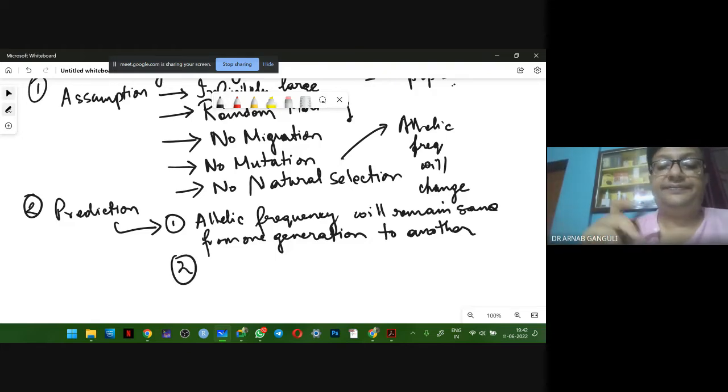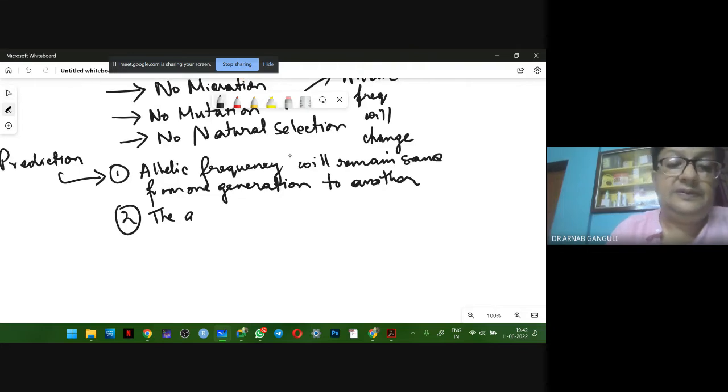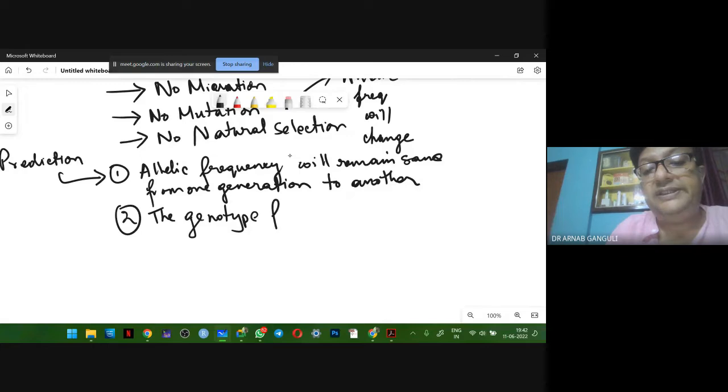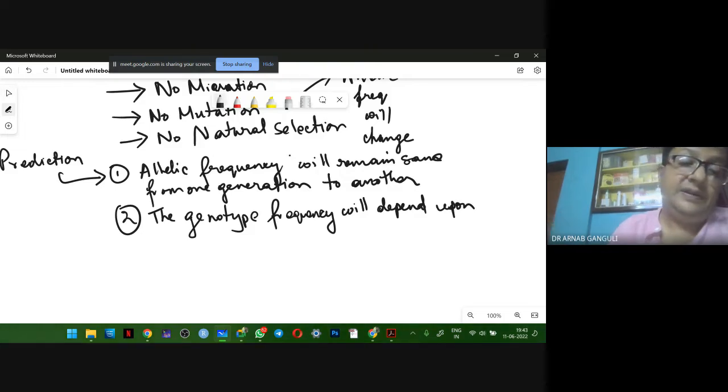Second is the genotype frequency will depend upon allelic frequency.